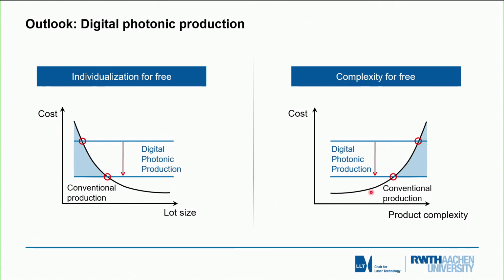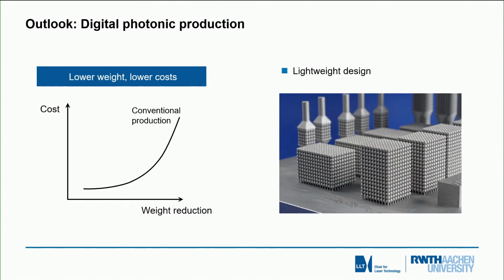As a last characteristic, I would like to focus on the cost dependence of the weight reduction. Usually, cost increases if we want to reduce weight. We need to produce more complex geometries, combine materials, lightweight structures. So usually this is involved with more cost. If you think about additive manufacturing, especially selective laser melting, it is systematically not the case.